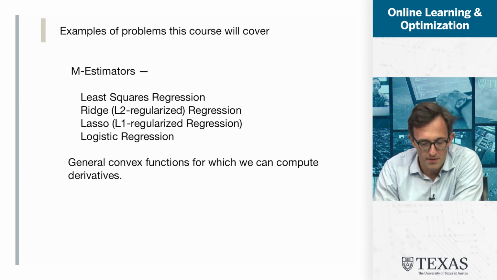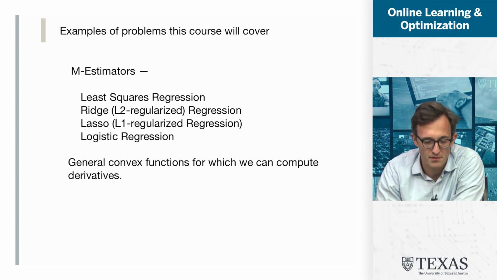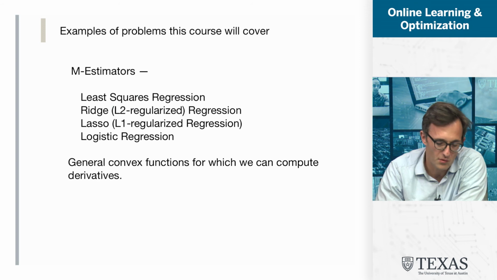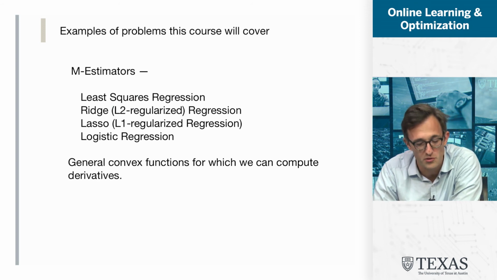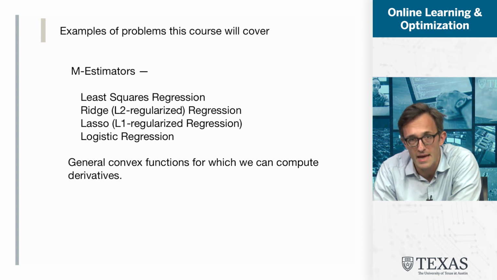Now, the course, as I've mentioned, is going to cover a number of different types of functions. And one of the biggest class of functions that we'll be interested in is what's known in machine learning and statistics as M-estimators.